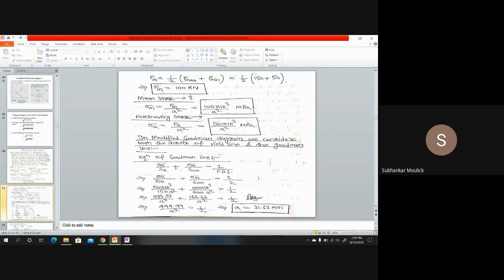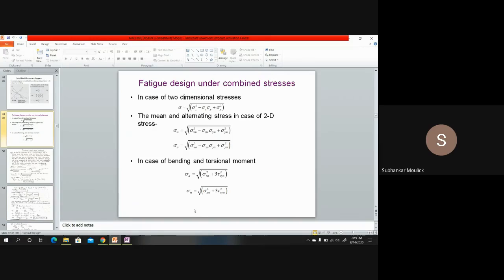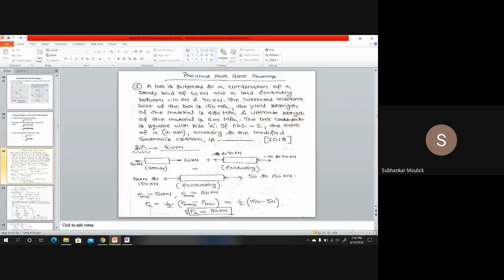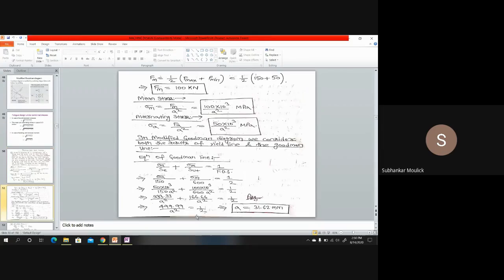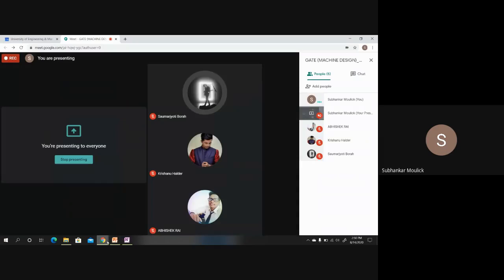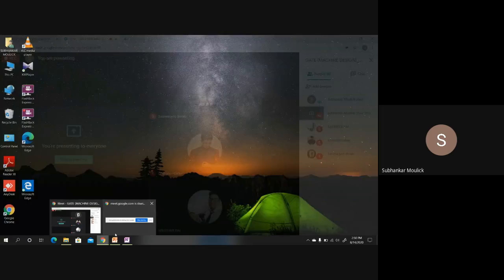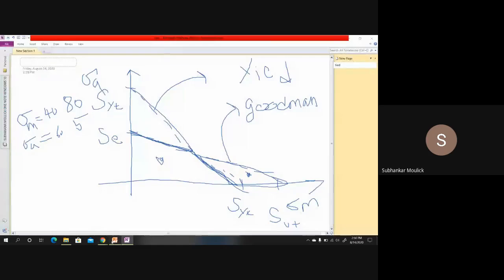Fine. Now, if I have calculated the value of Fm and Fa, I can calculate sigma A, that is alternating stress, and sigma M, that is mean stress. Sigma M, mean stress, is how much?